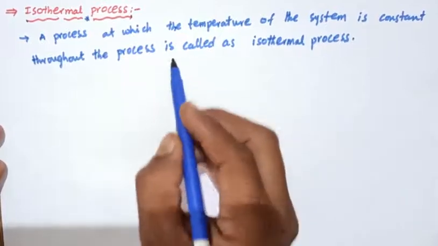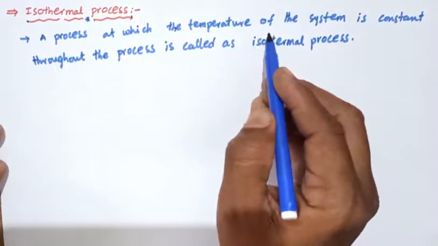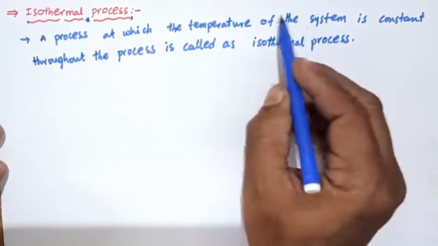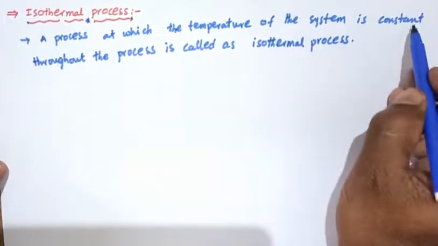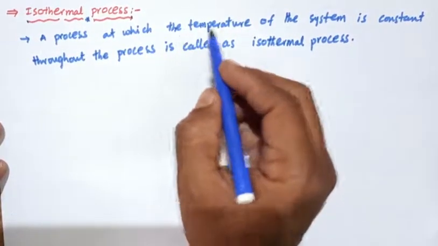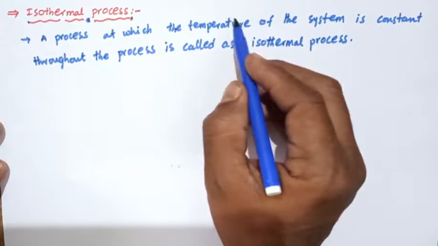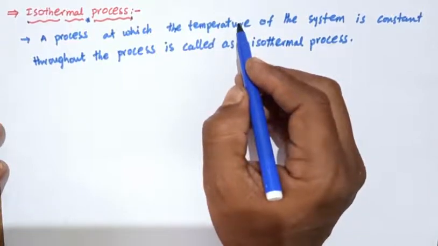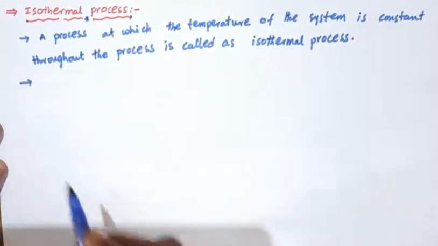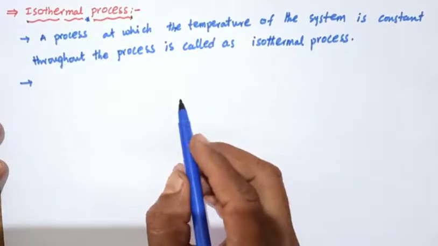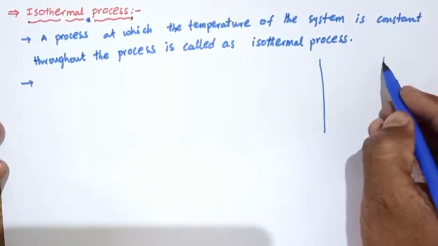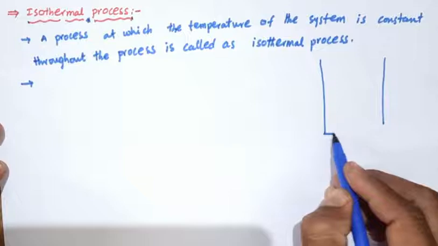Okay, here at constant temperature, the temperature of the system remains constant. So here at constant temperature, when pressure increases, volume decreases. So then for a gas, we consider a cylinder.